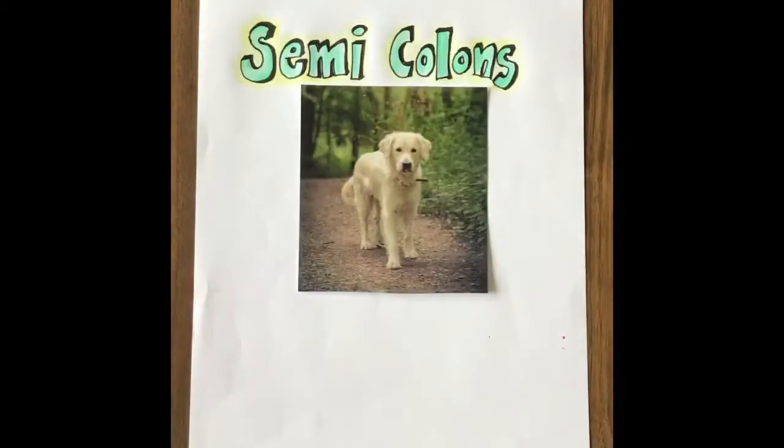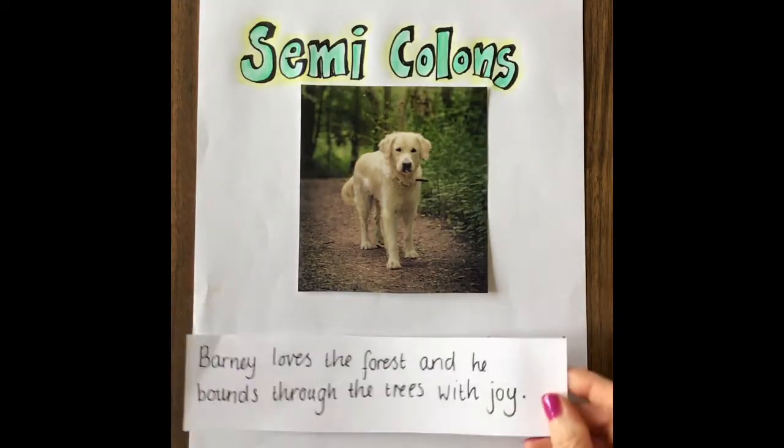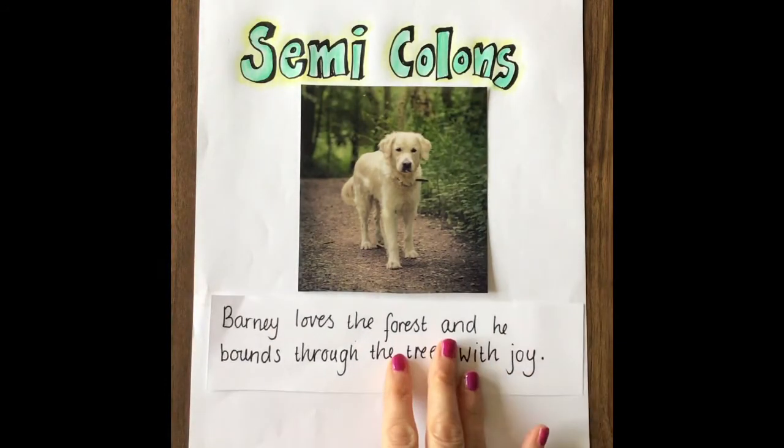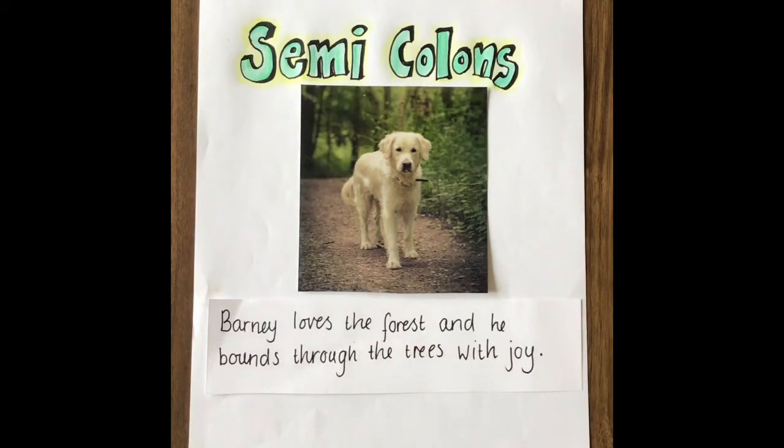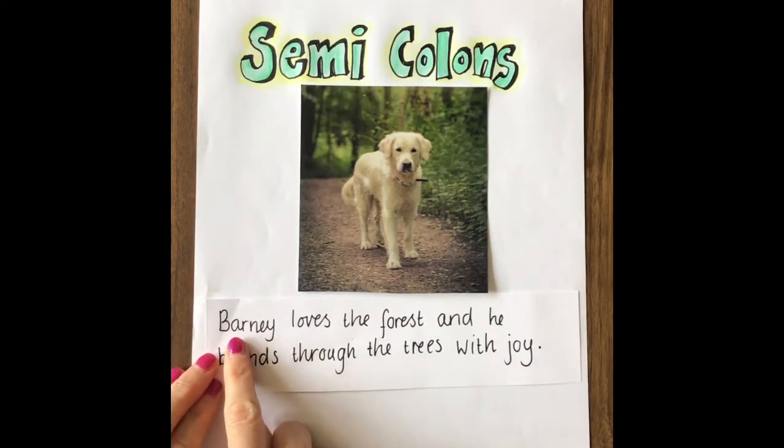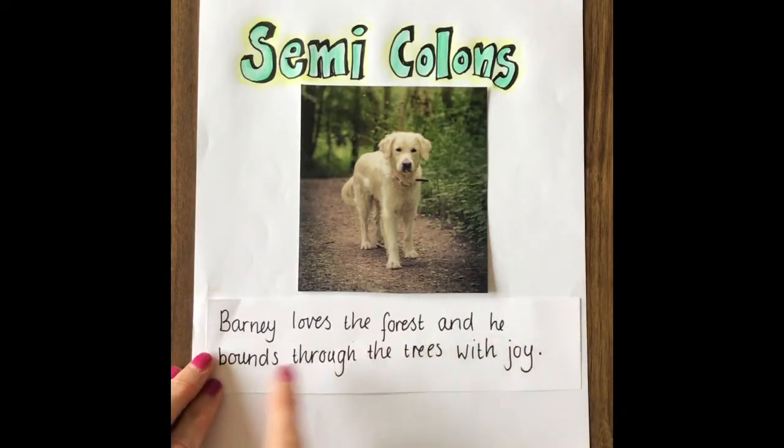Another way we can use a semicolon is to replace a conjunction. Now, in this example, Barney loves the forest and he bounds through the trees with joy. We've just got one sentence. This time, the two main clauses, Barney loves the forest, he bounds through the trees with joy, are joined together with the conjunction and.